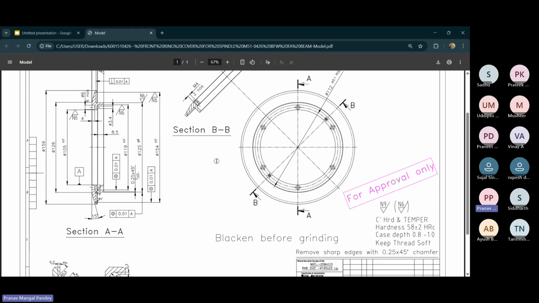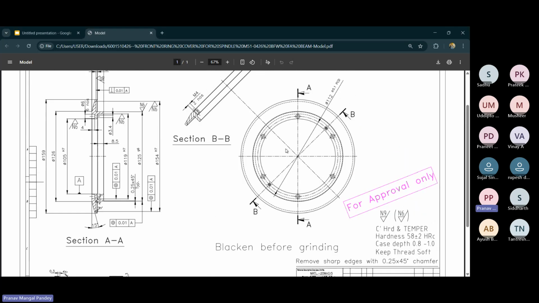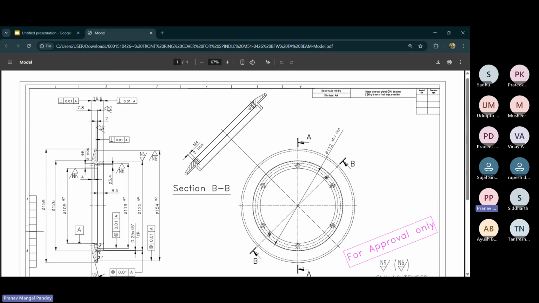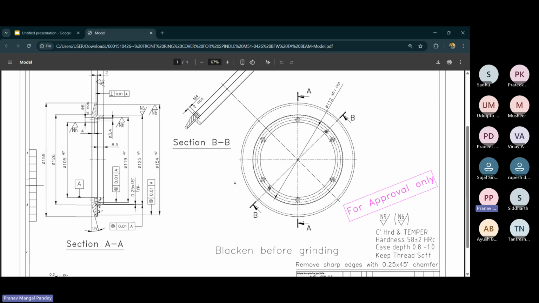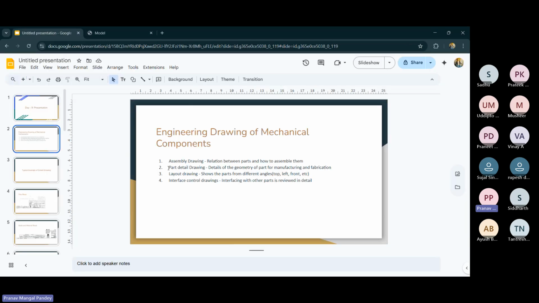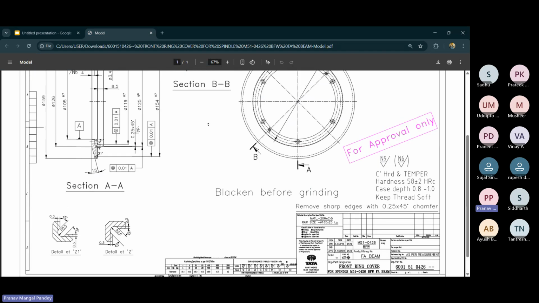As you guys can see in this drawing, you can understand that this is a simple ring with a hinge which is coming out. But even for that simple part, there is a complicated lot of drawing which you guys have to see. So this is what a detailed drawing is. I was talking about part detailed drawing. This is that detailed drawing.